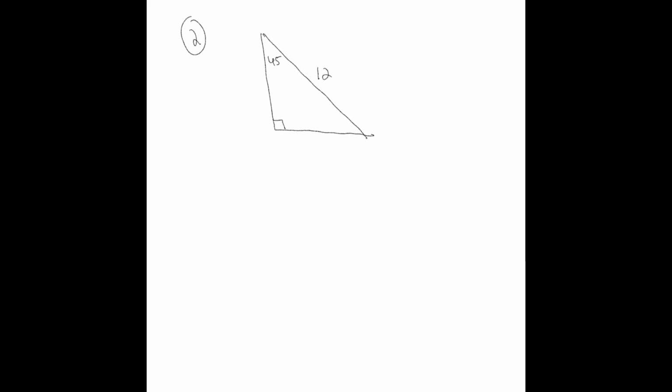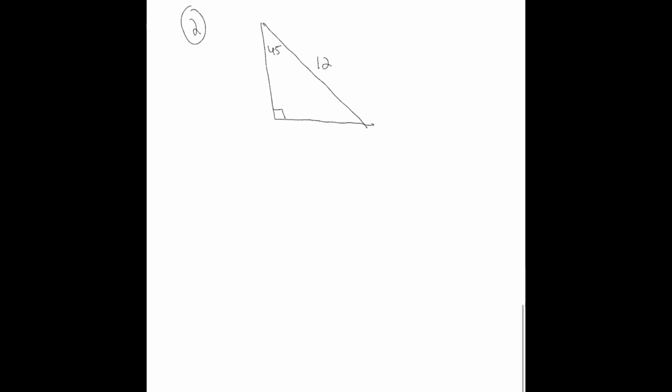Okay, so 12 represents x root 2. 12 is equal to x root 2. Well, what we need to do is solve for x, and that'll give us our side lengths. And so this is x times root 2. We're going to divide by root 2 to both sides. That's going to give me the x by itself. But we don't want to leave the root on the bottom.